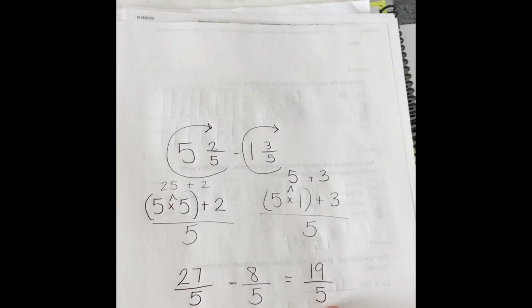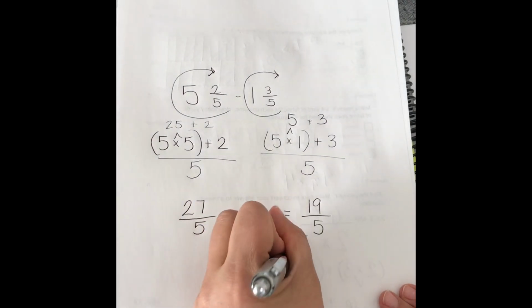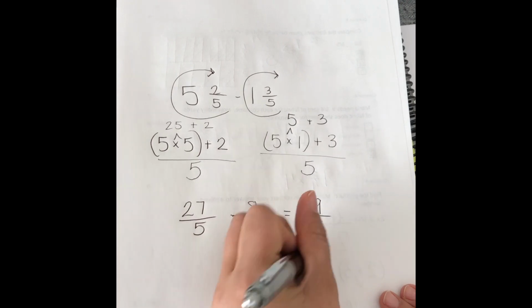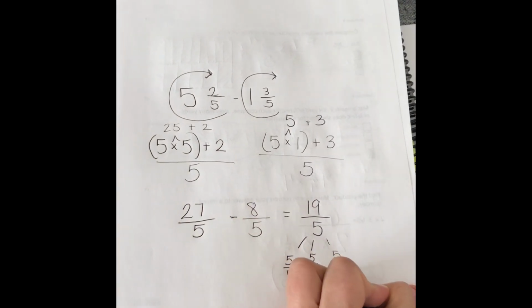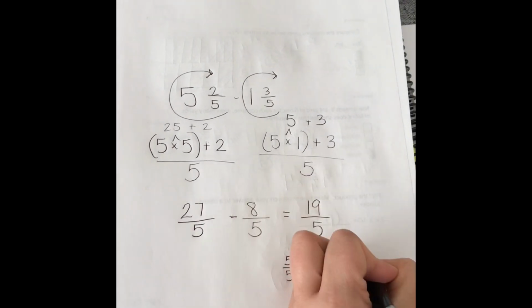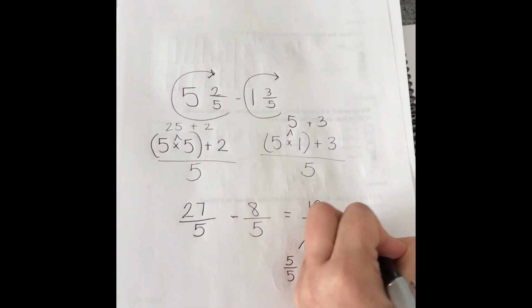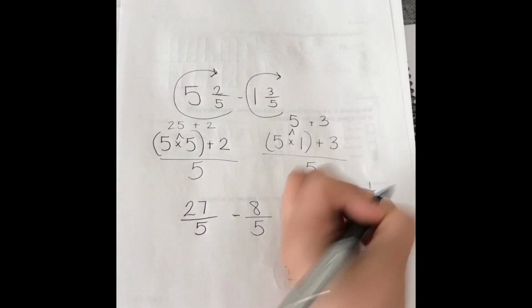Now you can't leave the improper fraction. You have to convert it back to a mixed number. And I like to count up. So I have 5, 10, 15. If I did one more 5, it would be 20, which would be too much. So 15, 16, 17, 18, 19, and then I add them up.